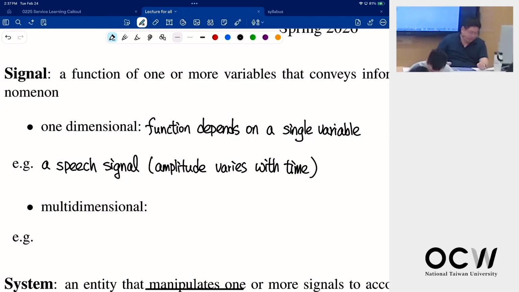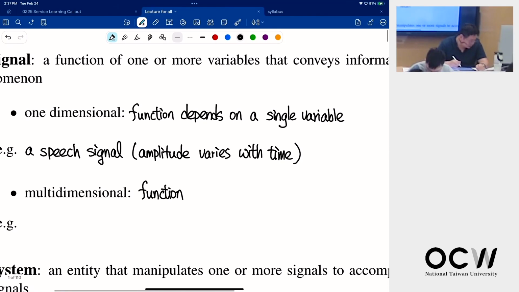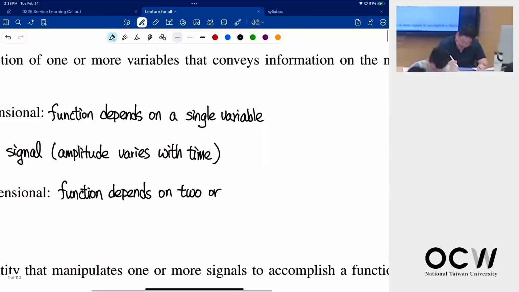Then a multi-dimensional signal: this function will depend on two or more variables. For example, like an image. For the image, we have horizontal and vertical coordinates, so we have two variables. That is called multi-dimensional. So this is a function that depends on two or more variables.